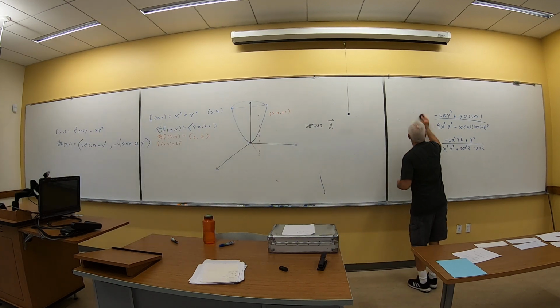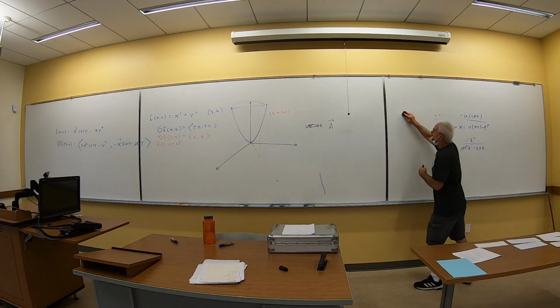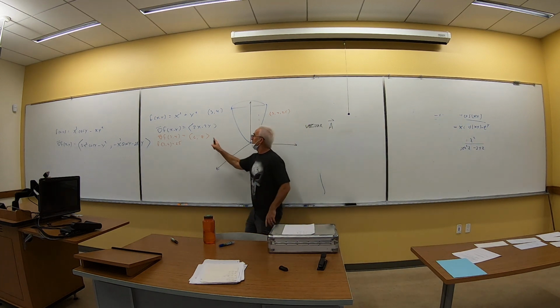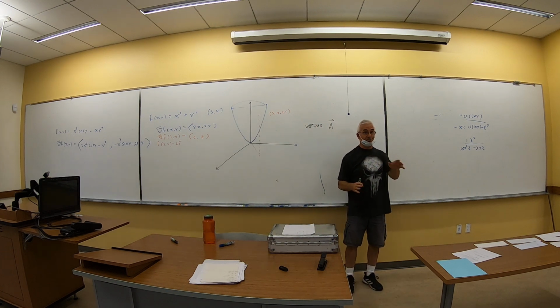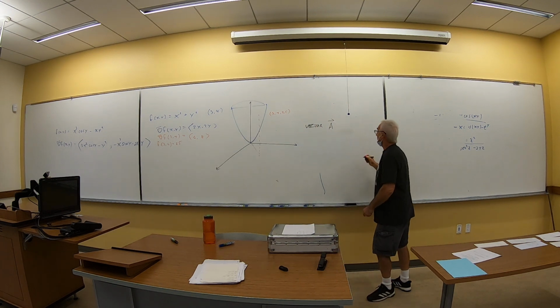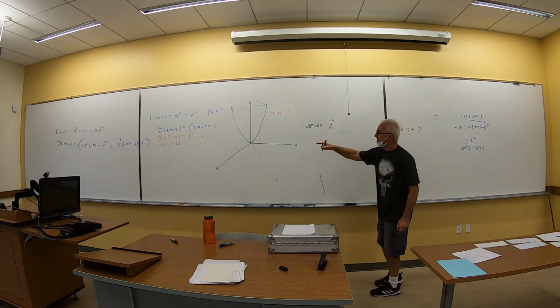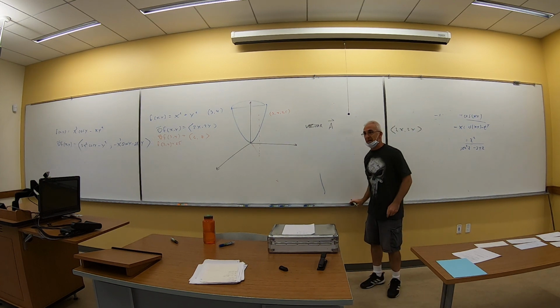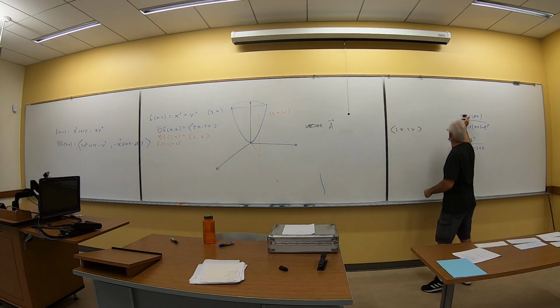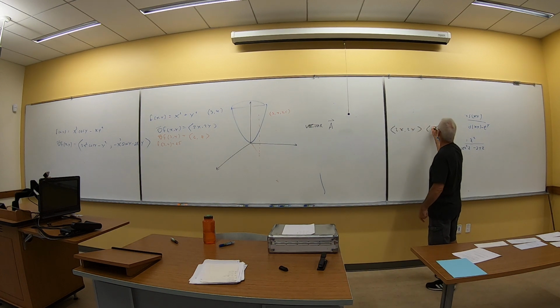Let me make sure you understand this. If I only wanted my answer to be the 2x, remember, slope is not a vector, slope is a scalar. If I only wanted my answer to be the 2x, I'm just saying in general, not just the 6a, but just in general. If I wanted this, the easiest way to do this would be to dot it with 1, 0.